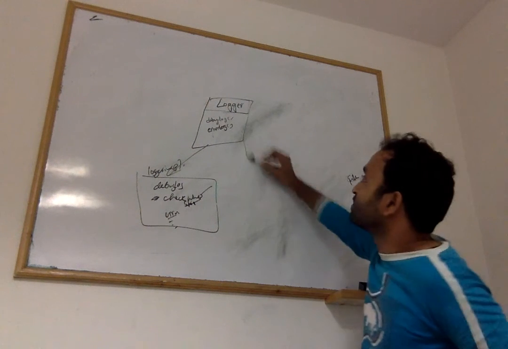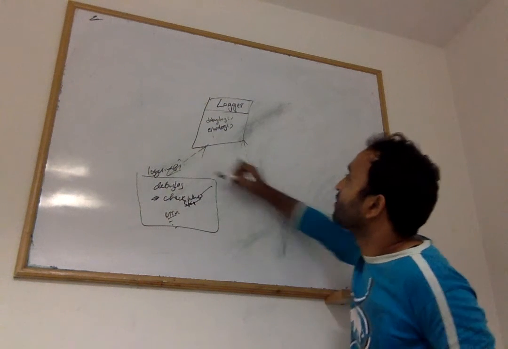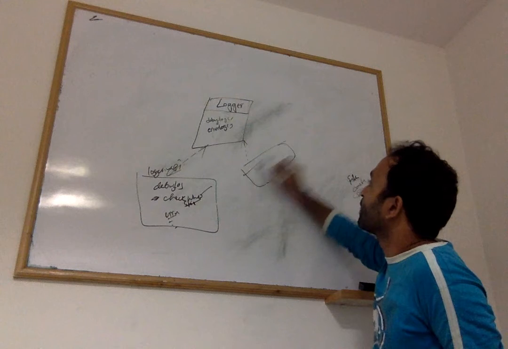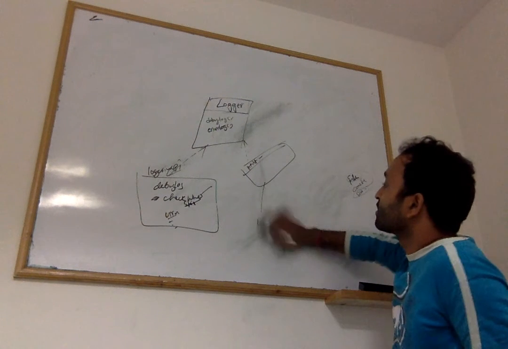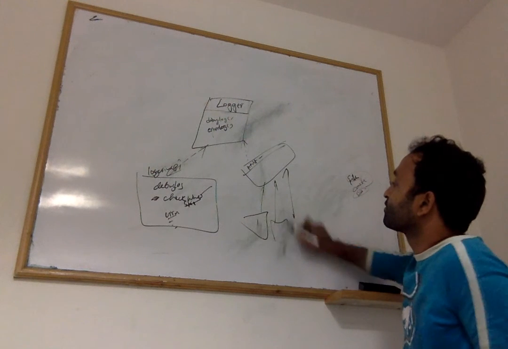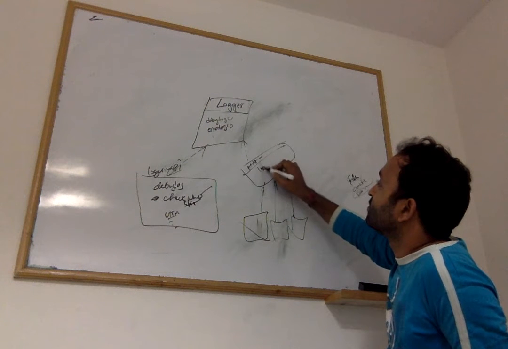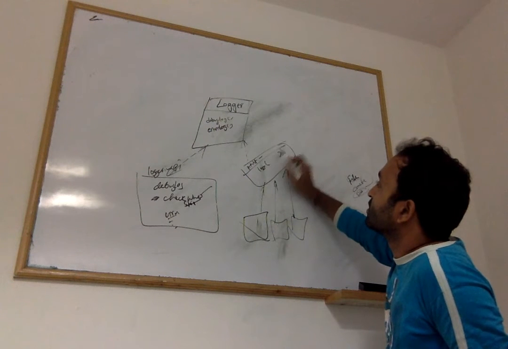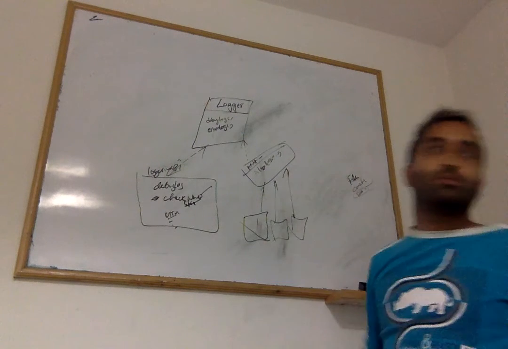So we can have an abstract class, which is the abstract logger, and then we can have concrete classes for that. Here we will have a logger, abstract logger.